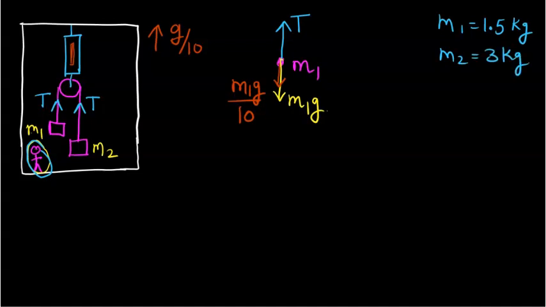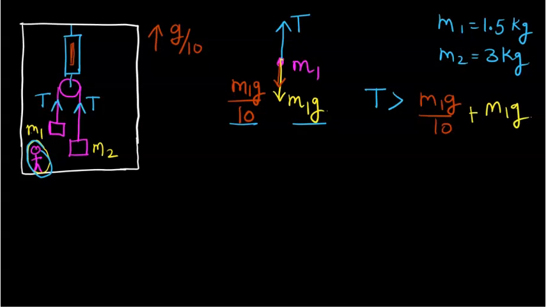Now you can see that the mass m1 will appear to go upward because it is lighter. So it will appear to go upward. Now for this mass, T will be greater than the summation of m1g by 10 and m1g. So T will be greater than the summation of that.